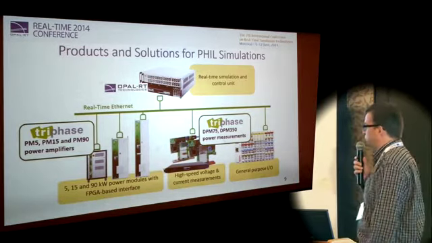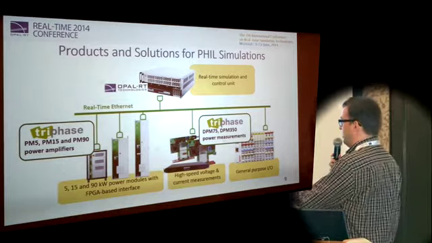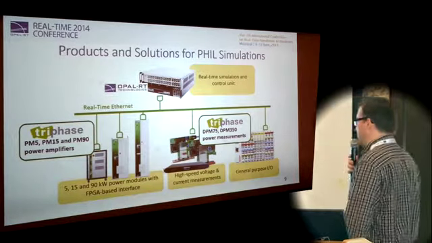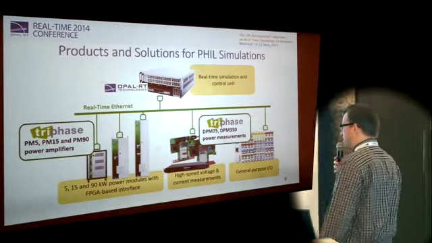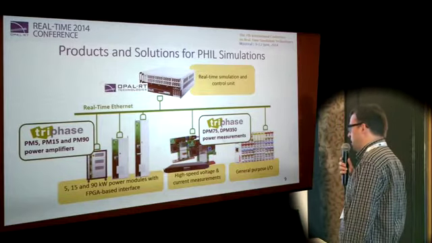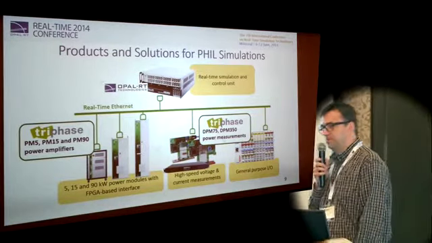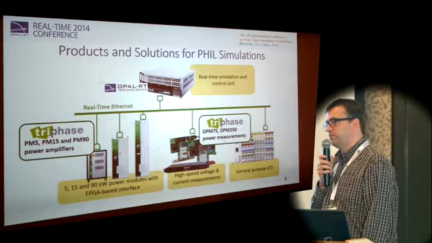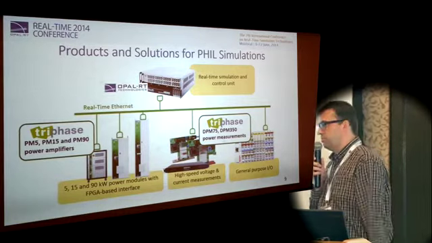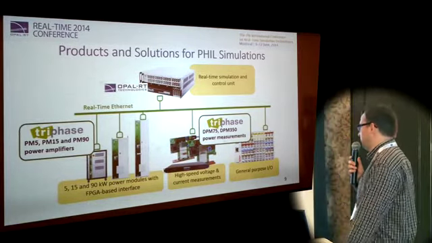So as I said, Threephase delivers 5, 15, and 90 kilowatt power amplifiers, which can be put in parallel if more power is needed. We also provide high-speed current and voltage measurements. Voltage range 0 to 1000 volt, current up to 450 amps for the moment.